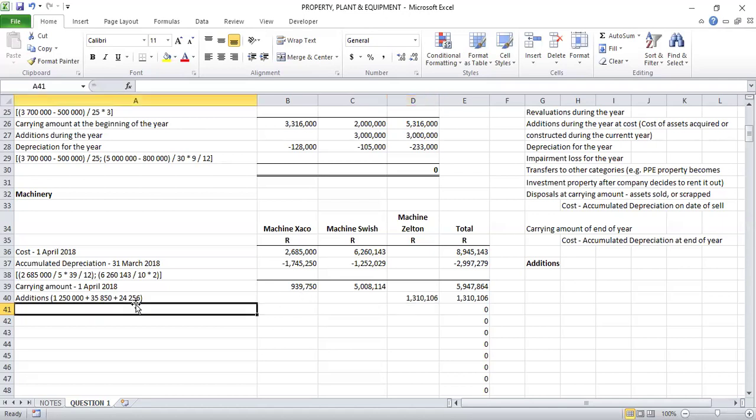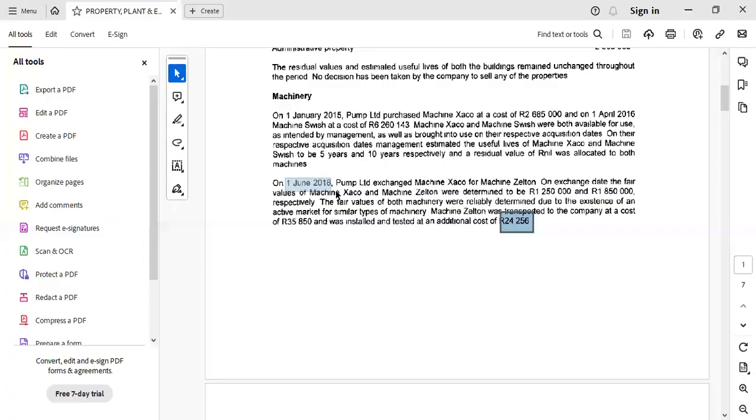Then we'll have our depreciation for the year. Machine Shaku, remember that it was only used up to 1 June when it was exchanged for Zelton. And our year started on 1 April 2018. So we only used it for 2 months, April and May.